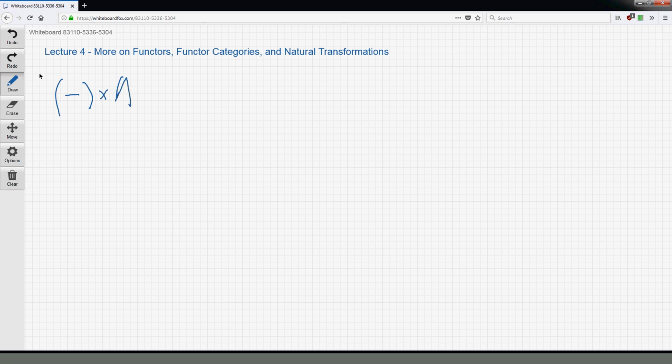So we fixed an object A in our category, and we take this functor that maps any object to that object's product with A. That's a functor from C to C. Now, of course, because we've seen that the product is isomorphic to the same product with the objects reversed, we have another functor.